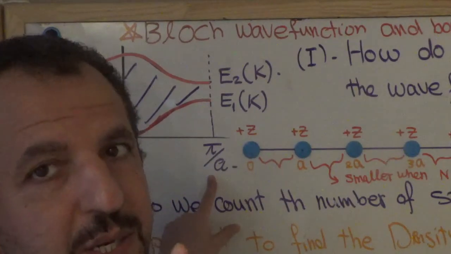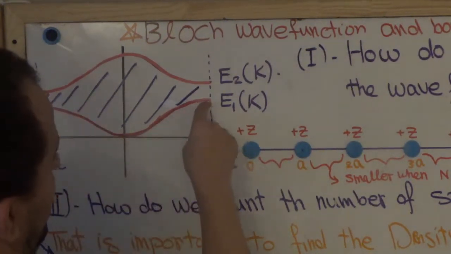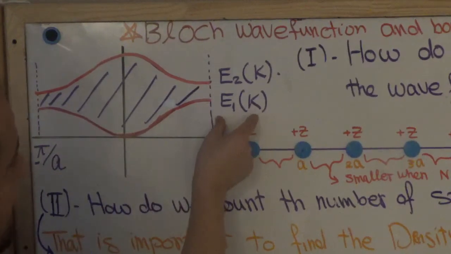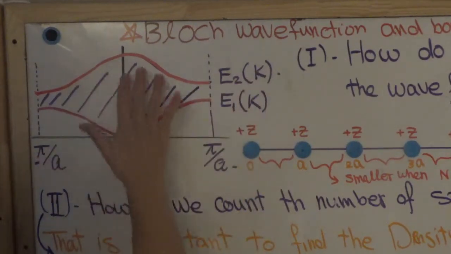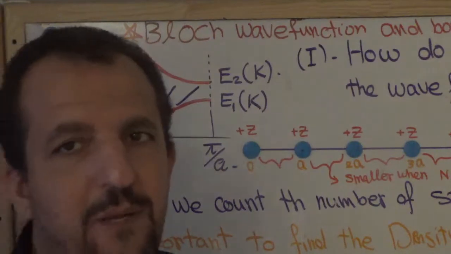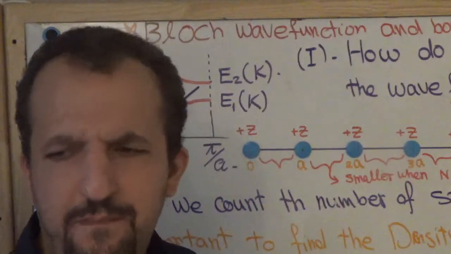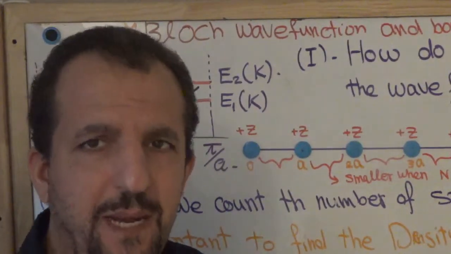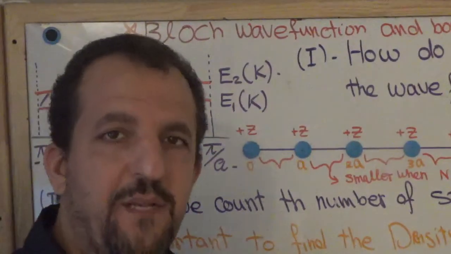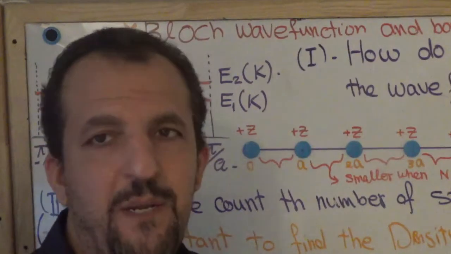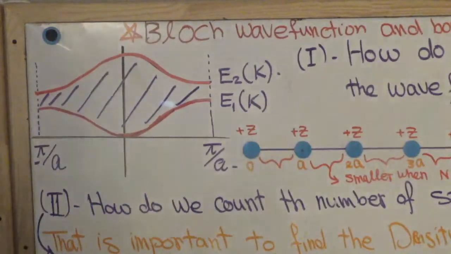Here we have energy level number 1, and here we have energy level number 2. What we have in between is something called the Brillouin zone. We will talk about that a little more. I included that in this session, but I will not talk about it in detail, I will just mention it. So you know what we mean by Brillouin zone.